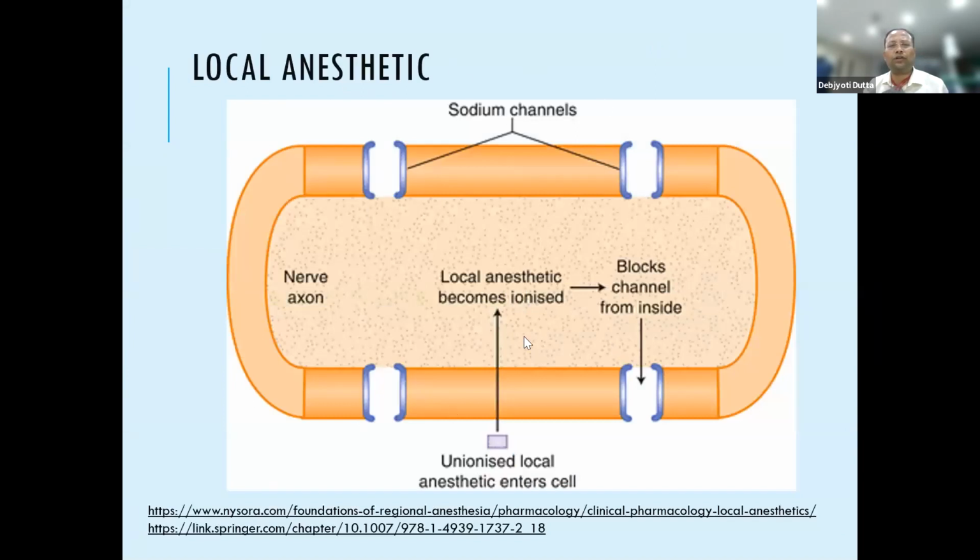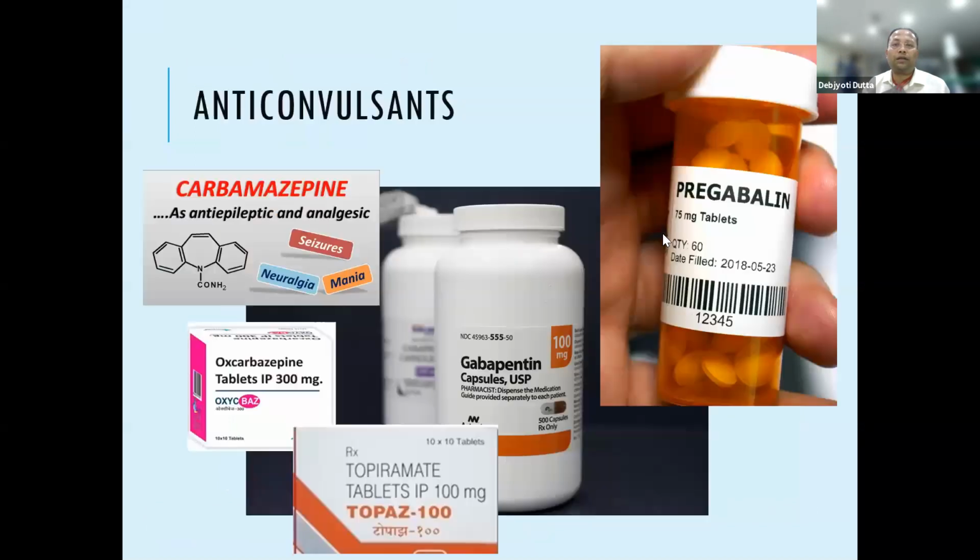Local anesthetic, we know it very well, is a sodium channel blocker. So sodium will not come inside, and ultimately the action potential will not go from one synapse to another. So this is the transmission part. Then come anticonvulsants.